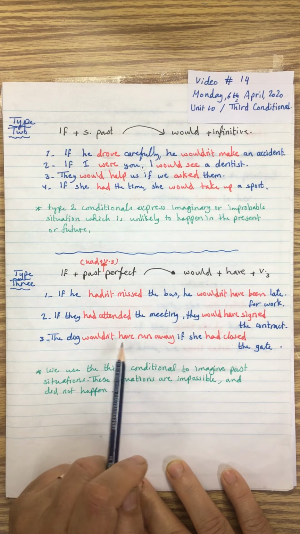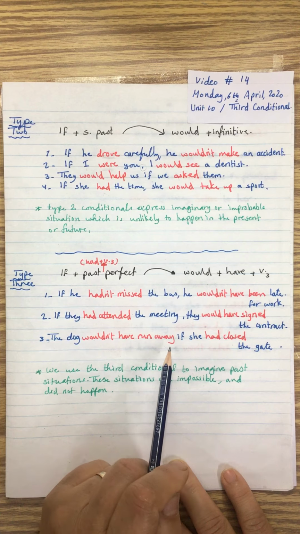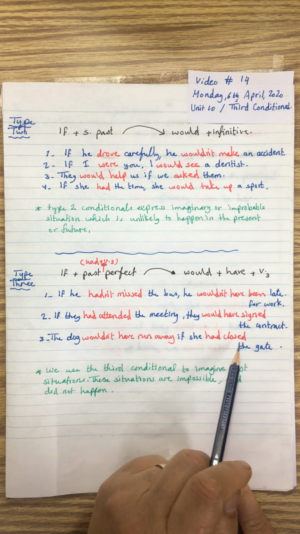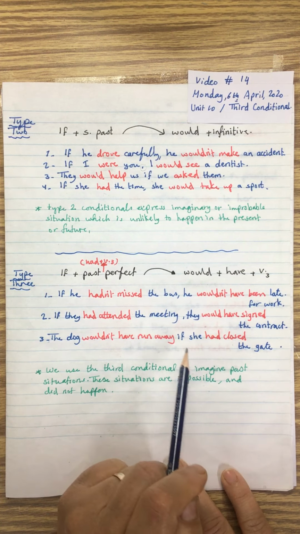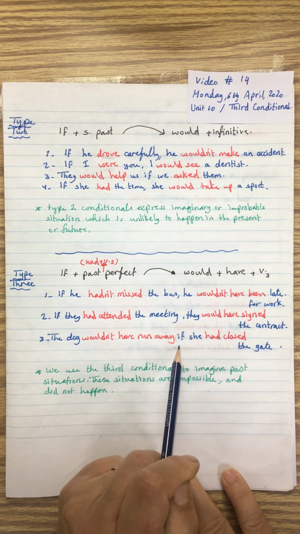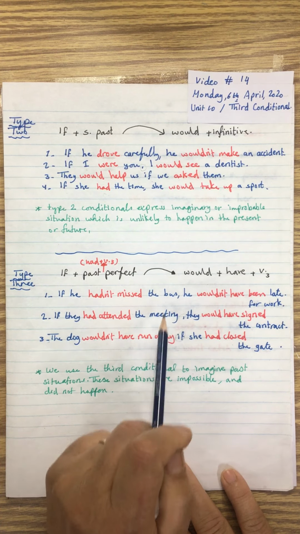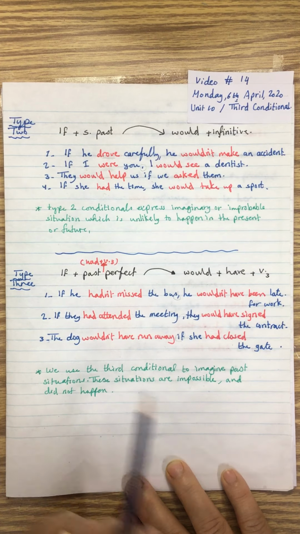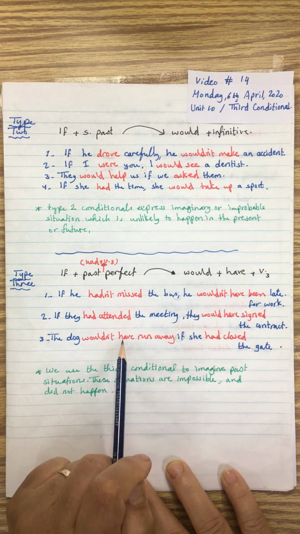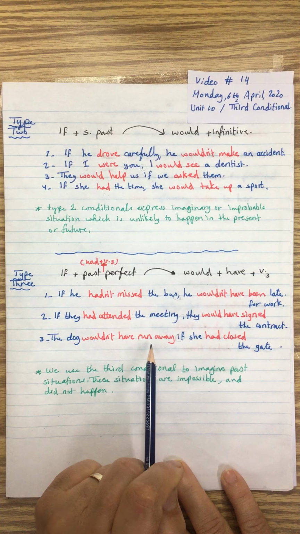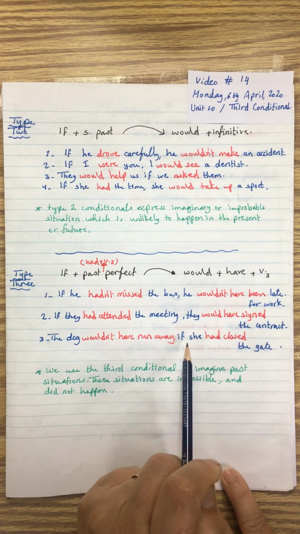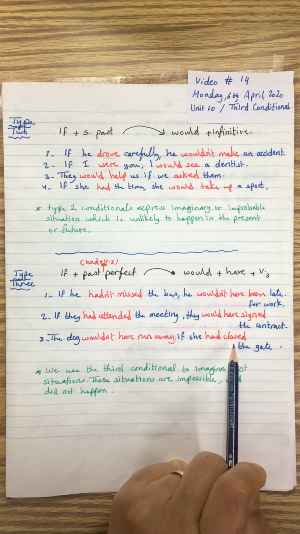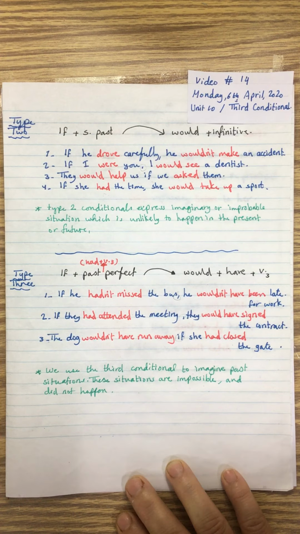The dog wouldn't have run away if she had closed the gate. As you can see here, we put if in the middle, so we didn't use the comma as we used in the previous two sentences. And we have used here would plus have plus verb 3, run away, and we used had plus verb 3, which is past perfect.